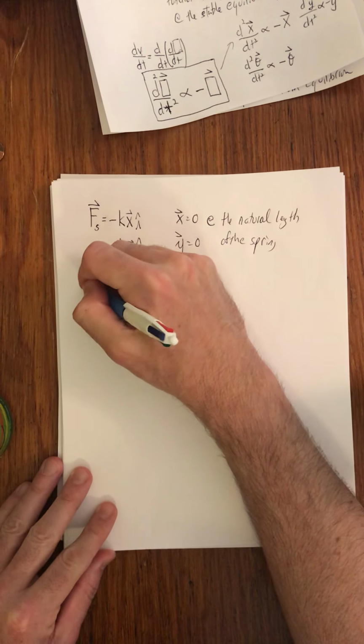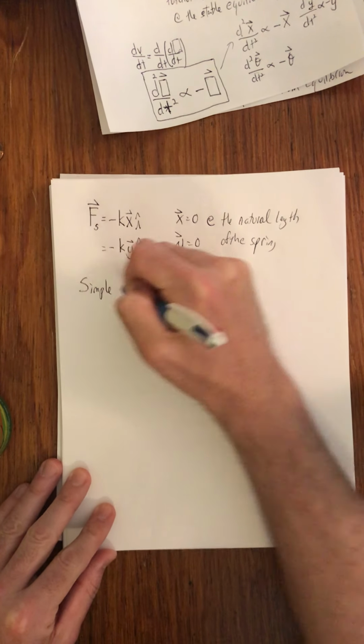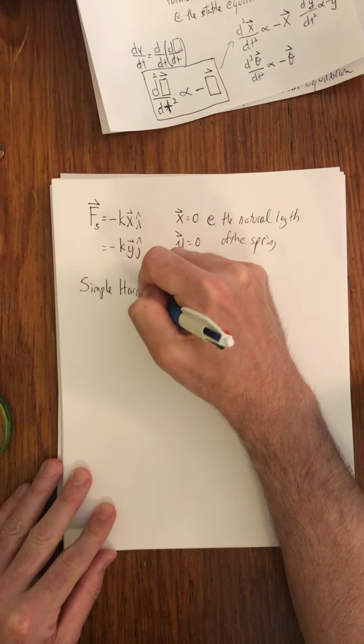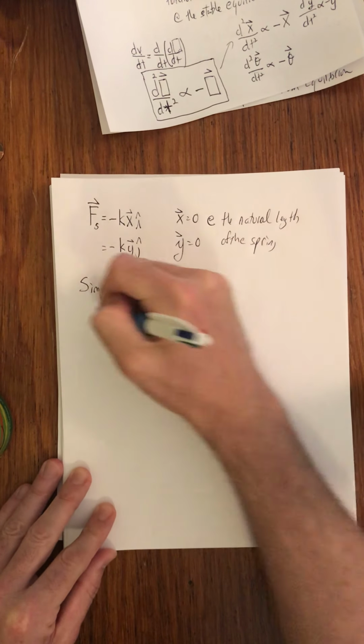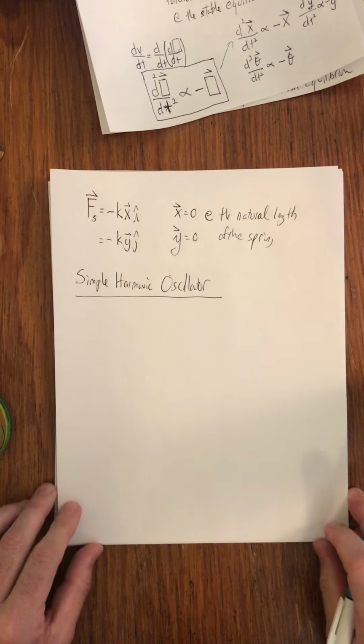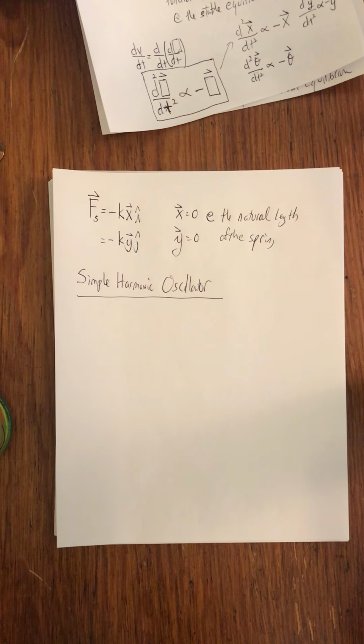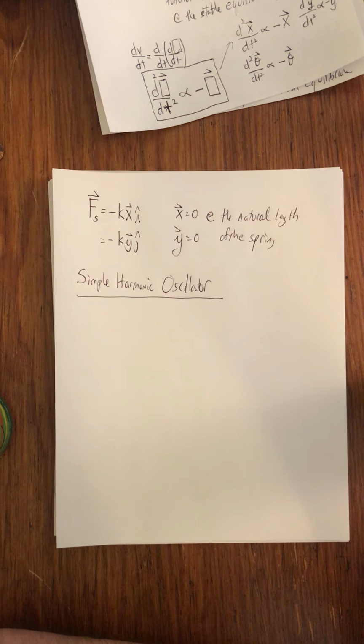So let me introduce something that we're going to call the simple harmonic oscillator. Now, I'm going to make an argument here in this first video, and we're going to leave it at that. That's just very empirical, and we're going to make a lot of logical jumps. We'll come back and we'll formally, mathematically prove this in the next video.